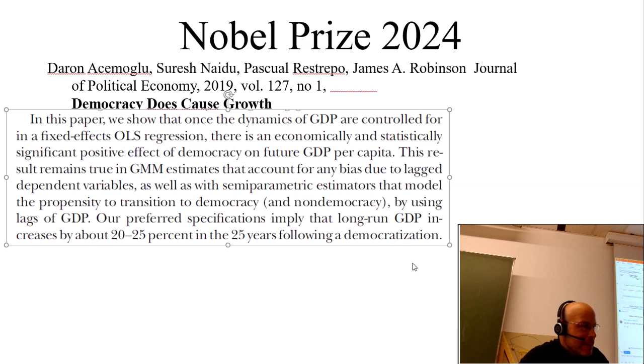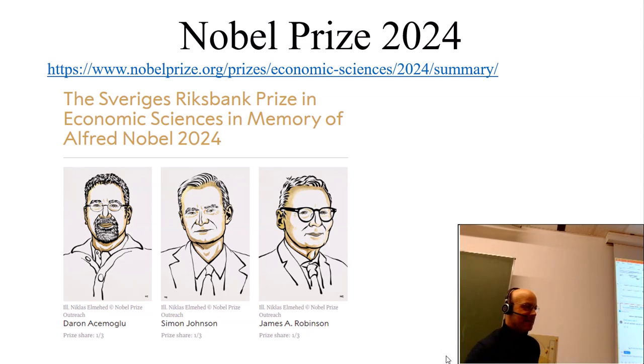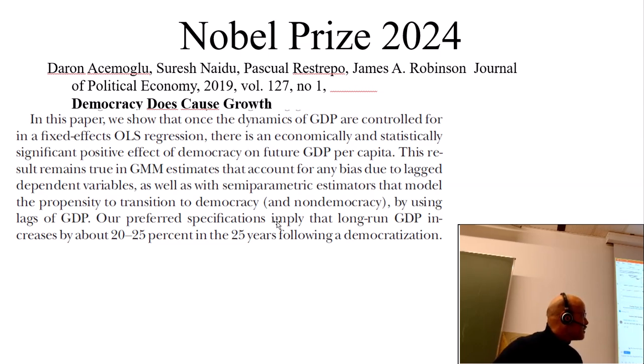Well, hopefully these three guys are good scientists, so they looked just neutrally at the data, and then afterwards they started to interpret the data, and they found this relationship between democratic structures and GDP growth. Well, and now we have the Nobel Committee, and we take our situation in the world today, when this Nobel Committee is choosing the Nobel laureates.